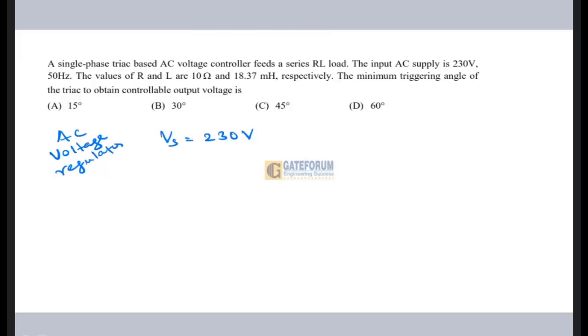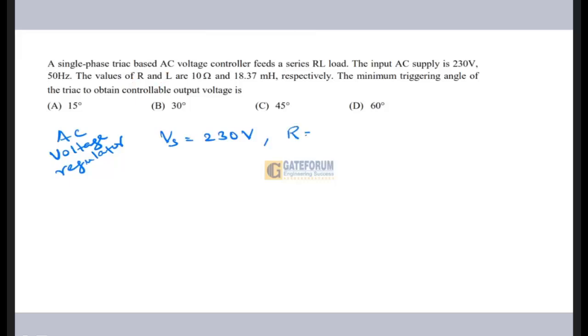So the students have challenged this particular question because this was not part of the syllabus. AC voltage controller and the cycloconverter were removed from the syllabus, but still they have asked it. Although it is a very simple question, the values of R and L are given.